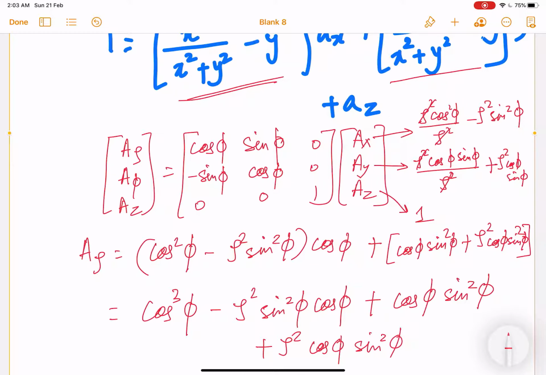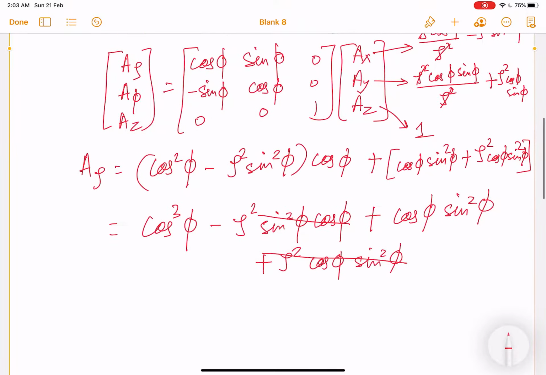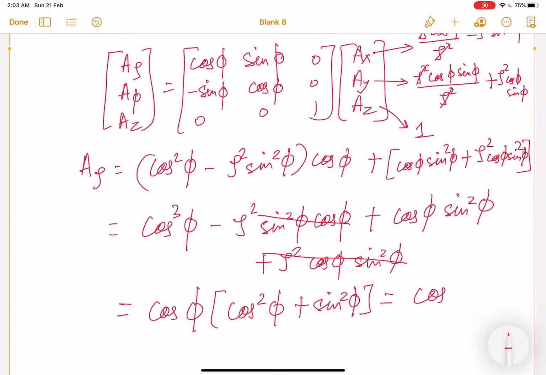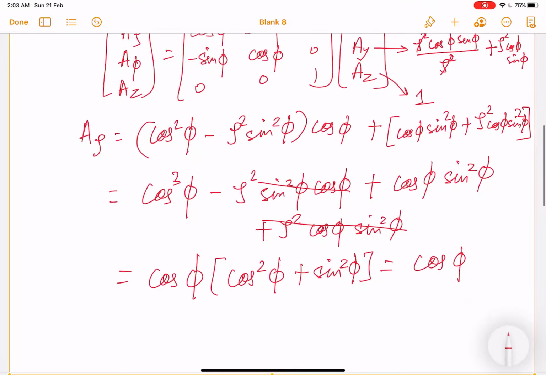These two terms are getting cancelled, and if I take cos phi common, I get cos square phi plus sin square phi. Oh wow, then I got just cos phi. It got simplified, great.